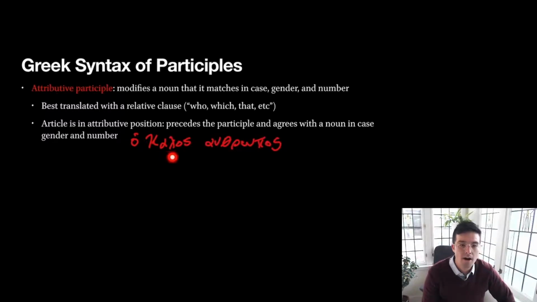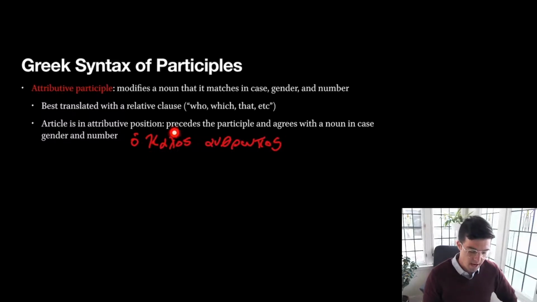The adjective kalos comes before anthropos. It agrees with it in case, gender, and number, and the definite article is right before it, indicating that it's attributive. The other way to do this would be ho anthropos ho kalos, and that would also be an attributive relationship. The same thing is true with participles.